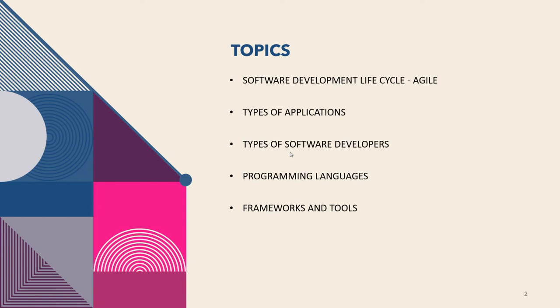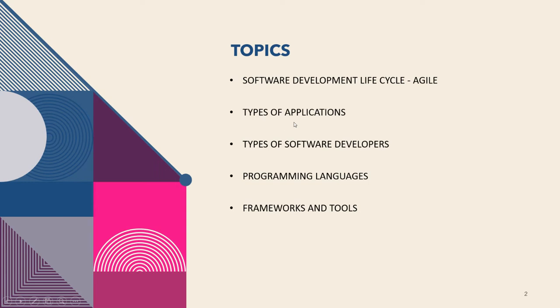To get to the list of programming languages, frameworks, and tools, let's backstep a bit and try to understand how the need for programming languages, frameworks, and tools comes in. So first we start with the software development lifecycle in an agile model. And as part of the project requirements, what are the different types of applications a software developer will need to develop?